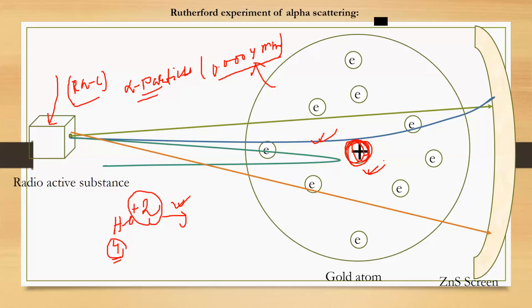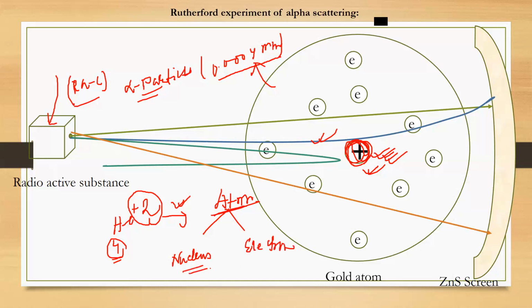By this experiment, Rutherford made his atomic model. The positively charged particles and most of the mass of an atom are concentrated in a small place, and the middle of that place is called the nucleus. The atom has two parts: one is the nucleus and the other is electrons.